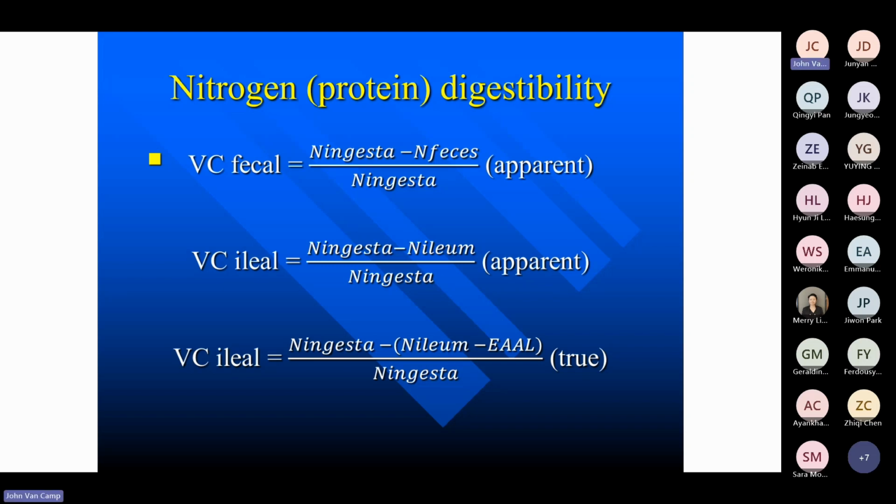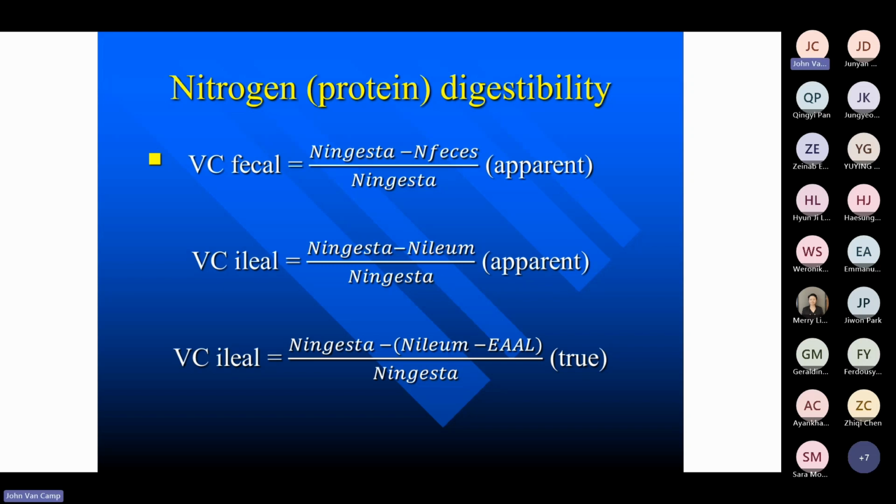The same for the ileal digestibility coefficient, but now you replace the fecal sample by a sample in the ileum, so at the end of the small intestine. And it is also apparent since there's no correction for the endogenous amino acid losses. And if we do correct for it, then you just add endogenous amino acid losses just behind the nitrogen in the ileum.